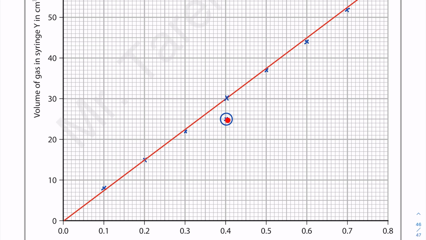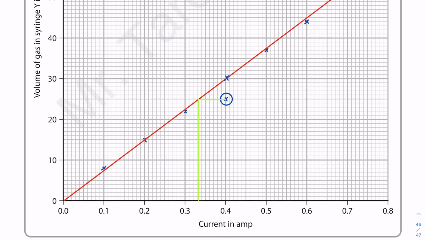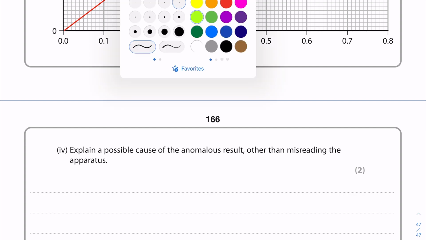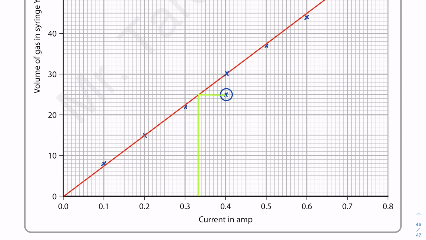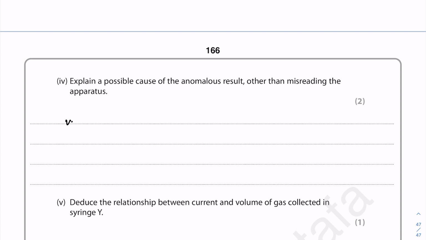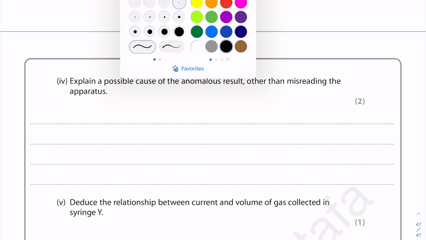طيب معلش لو احنا خدنا البوينت دي مشينا شمال شوية كده ونزلنا لتحت هنلاقي ان الفاليو اللي احنا قاريينها ل 0.4 امبير عاملة زي بالظبط الفاليو لحوالي 0.3 تقريبا. وده معناه ان احتمال يكون الكارنت اقل من 0.4 امبير اللي هو المفروض يبقى شغال عندها. ده احتمال، واحتمال يكون حصل ليكج فخلى الفوليوم of gas collected in syringe Y برضو less than expected. يبقى هنا الفوليوم collected in syringe Y is less than expected.